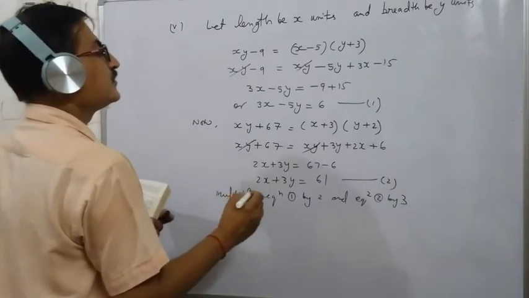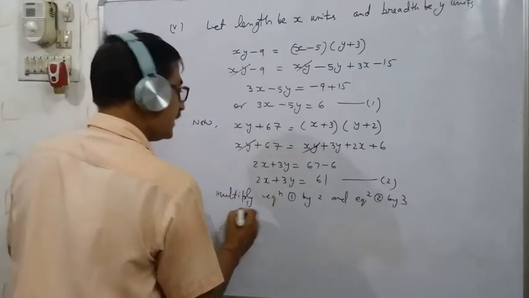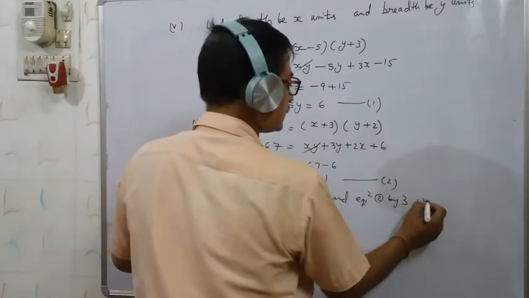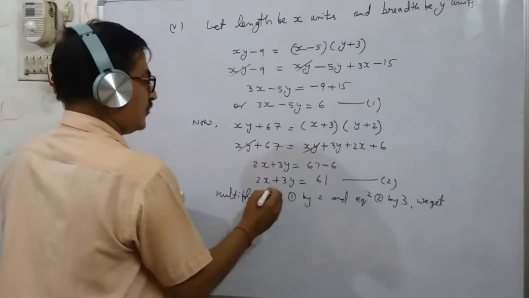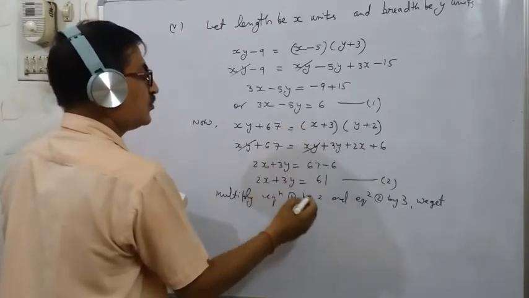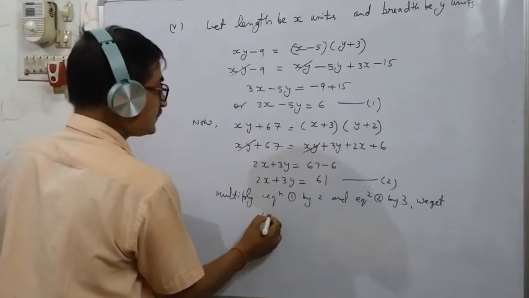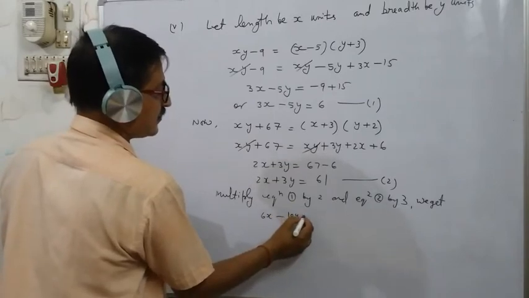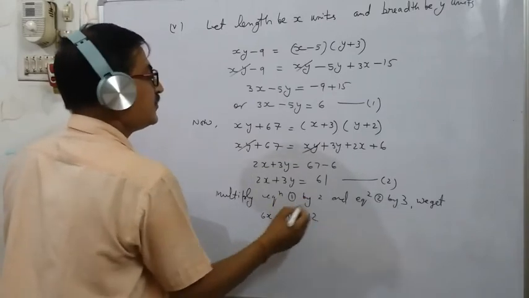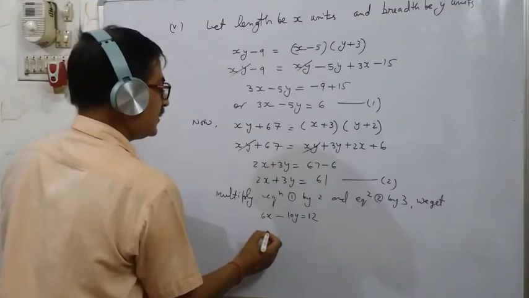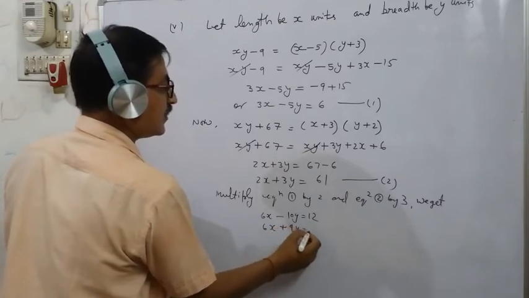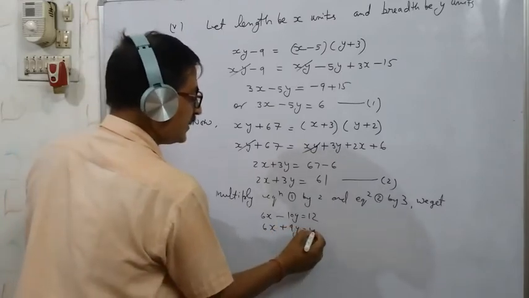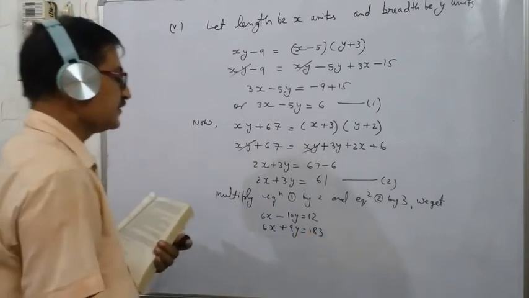Then what are we getting? Multiplying equation 1 by 2, that will be 6x minus 10y equals 12, and equation 2 by 3, that will be 6x plus 9y equals 183. Okay.